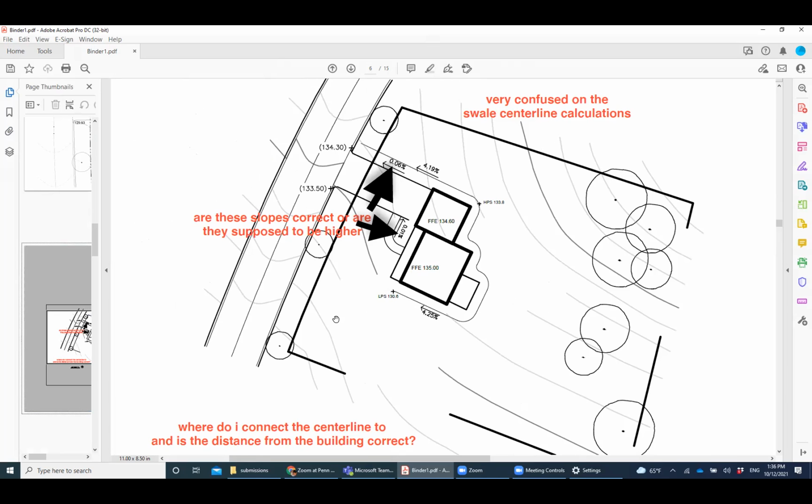They need to be at least 2%, and your driveway would likely be 8, 10, 9, 7, 5, something like that. And where do I connect the center line to, and its distance from the building? It's too close to the building right now, the center line.